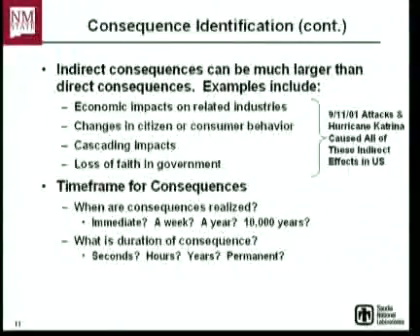There's also indirect consequences, especially when we're talking about system of systems kinds of models. There's the direct consequences, say if we're talking about an electric power utility. There's how long the power was out, how many people were affected, how much it's going to cost to repair it.